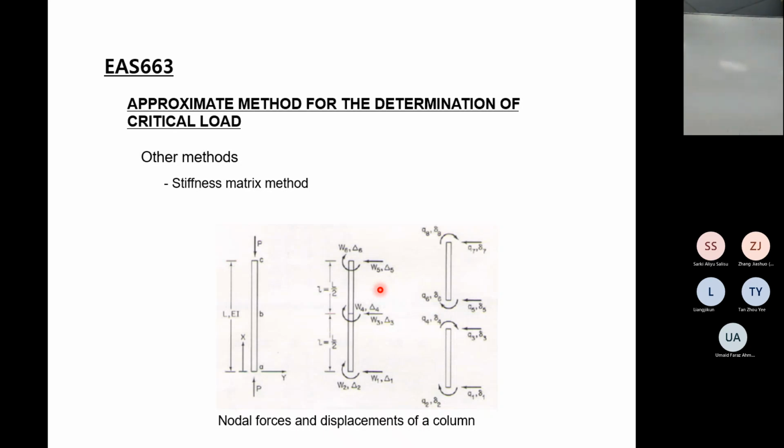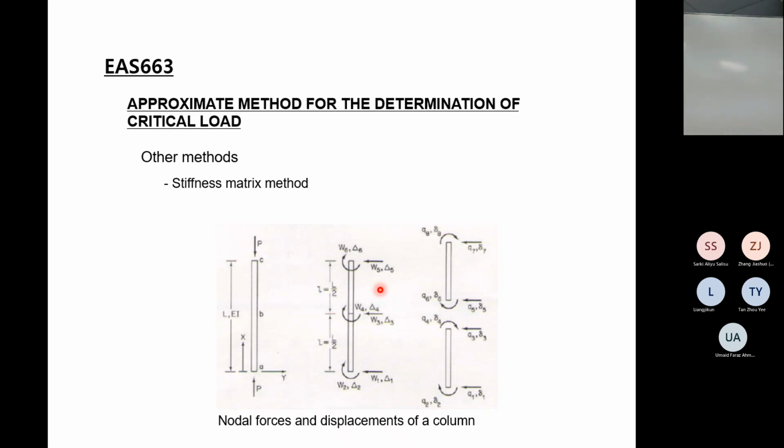Delta 2 is the rotations, delta 3 is the displacement, and delta 4 is the rotations. So this is at element level now, using different symbol. And the same thing will happen to the next element. But in order to differentiate from this to this, we start with delta 5, and then delta 6, delta 7, delta 8, and the same thing Q5, Q6, Q7, Q8. So these are at element level. Okay.